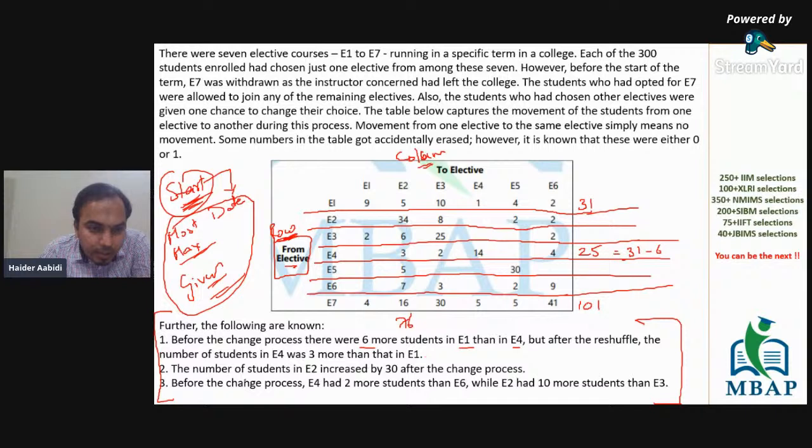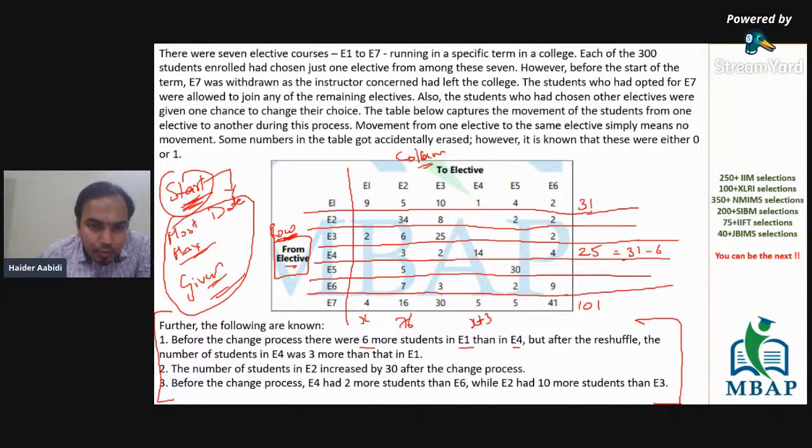But after the reshuffle, the number of students in E4 was 3 more than E1. After shuffling is column wise, where they're saying that E4 was 3 more than E1. That means if E1 is X, E4 becomes X plus 3.